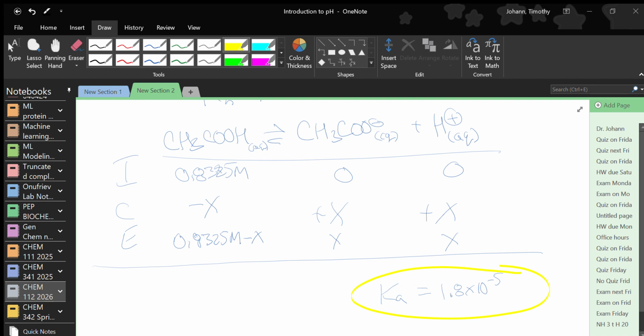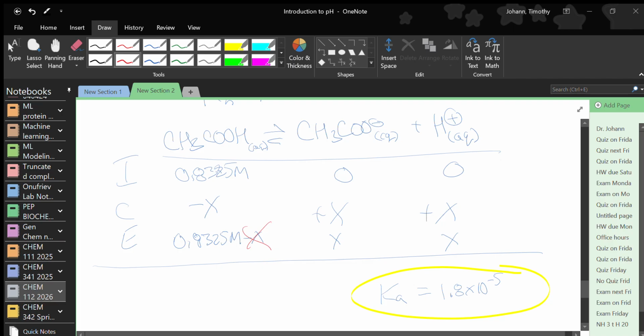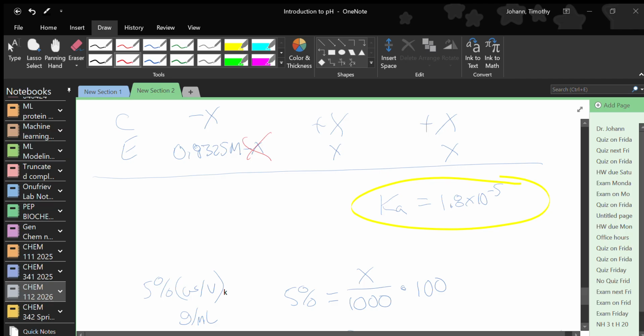But however much of this goes away is going to be really small compared to this, so this can go away. And when this goes away, I don't have to do the quadratic formula. So I am going to ignore that part because it's going to be super small and I'm going to lose it in the significant figures.